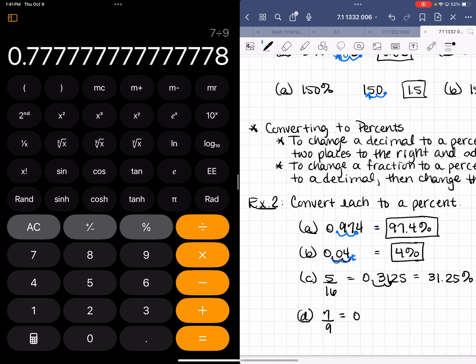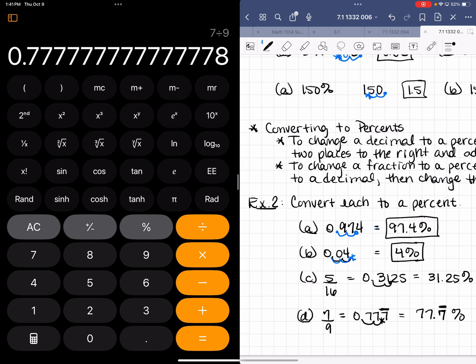Okay, so I've got 0.777 repeating. And that will equal 77.7 repeating percent, because we go 1, 2. That little bar over the top means it's repeating. And 7 keeps repeating over and over. Okay?